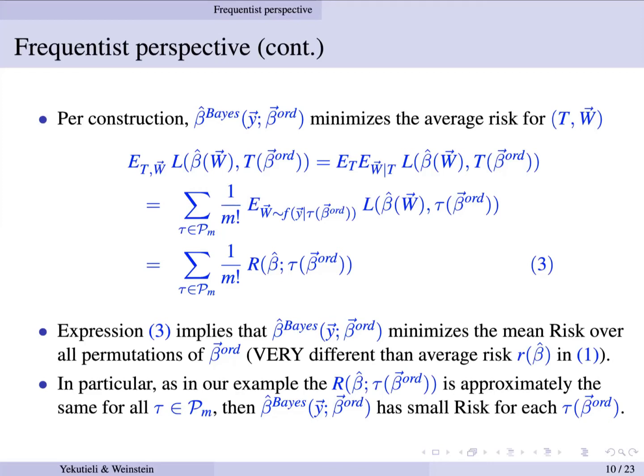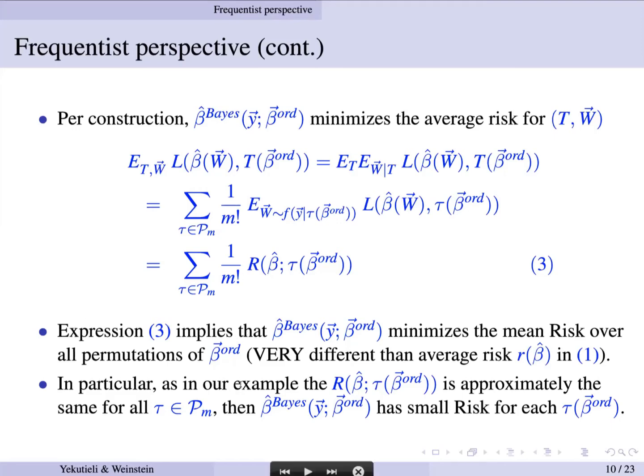And if I have an estimator that works well for all orderings of beta, then it's a very different property than an estimator that works well on average for all the different betas you may have. Can you see that it's a very different criterion? It's very important for me.